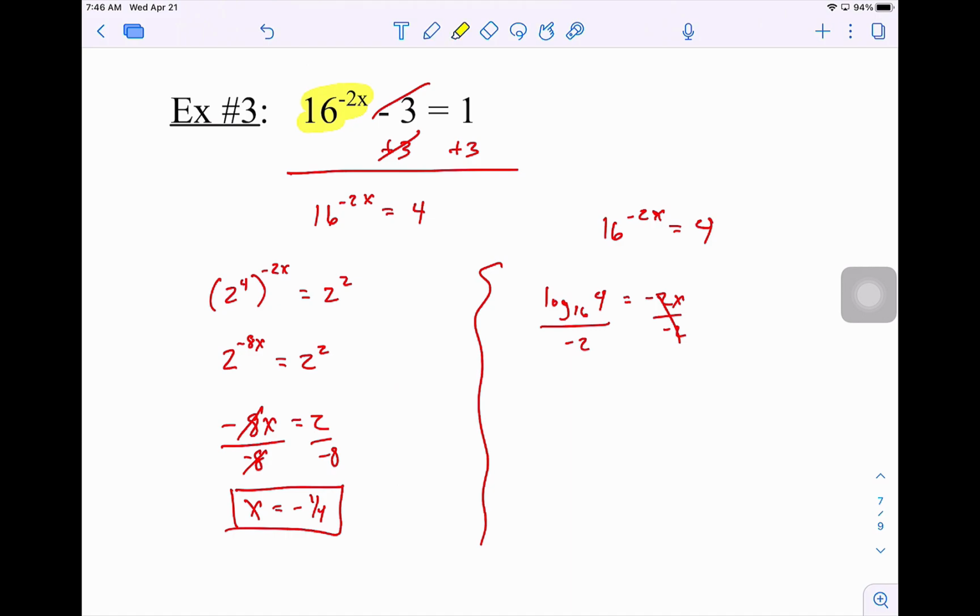The answer to that part gives you 1/2. So what we actually have is 1/2 divided by negative 2. And remember, dividing by something and multiplying by its reciprocal are the same thing. So dividing by negative 2 is the same thing as multiplying by negative 1/2. So I do end up with negative 1/4 as the same answer. But I wanted you to see where that comes from as well.